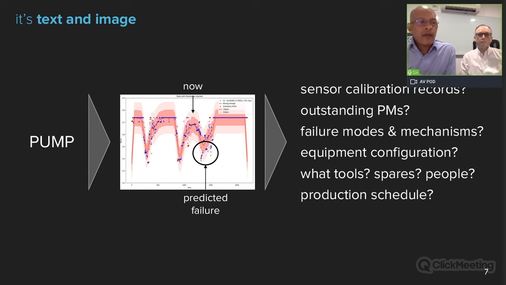So you're going to want to get your hands on stuff like failure modes and mechanisms. You want to know what else is connected to that pump. So if you're shutting it down with a bunch of other equipment, why not maintain all of them? What tools, what spares, what skill set do you need? Can you even afford to shut down and make the fix because you've got a critical production schedule running through?